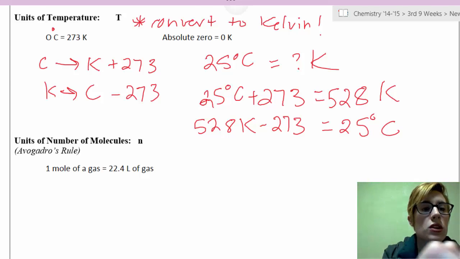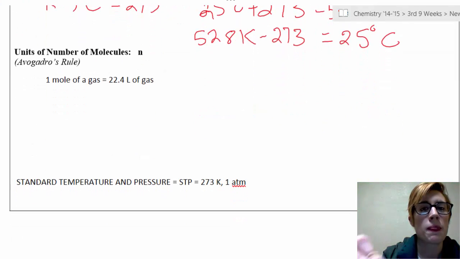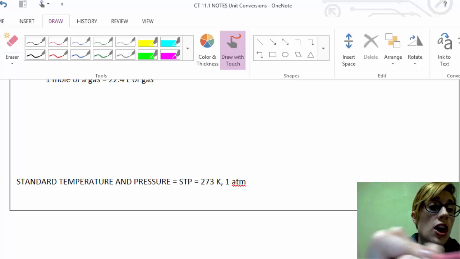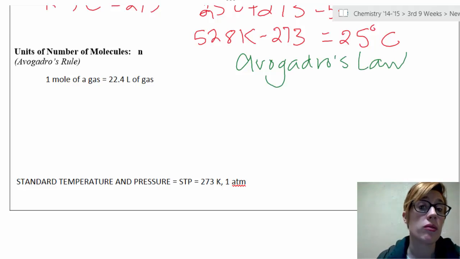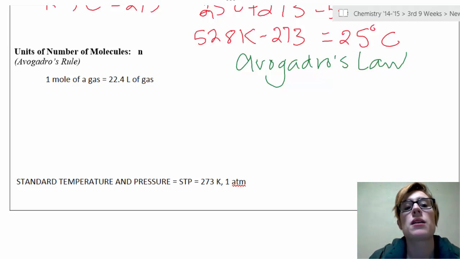The last conversion we're going to talk about is actually a law. It's called Avogadro's law, and hopefully you remember Avogadro. Avogadro was the guy who came up with the number of the mole. He came up with 6.02 times 10 to the 23rd particles or atoms or molecules will always equal a mole.